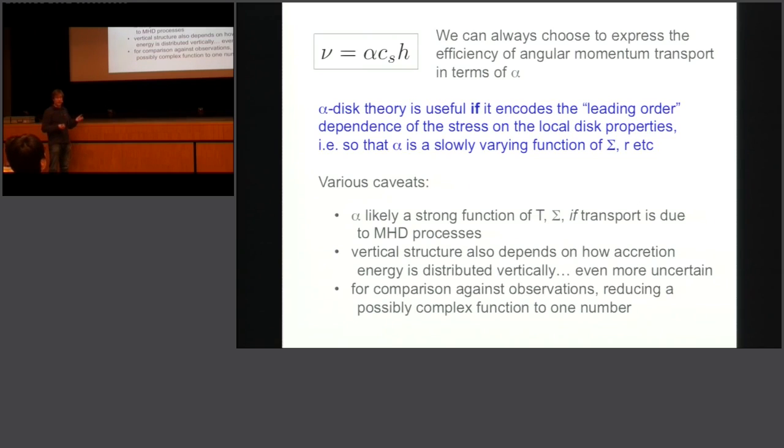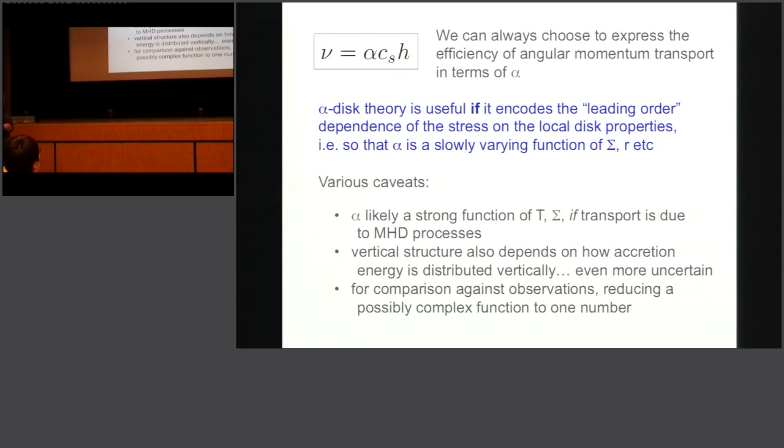If, to a first approximation, the viscosity is a constant times the sound speed times the scale height, and then the alpha parameter just varies perhaps slowly with other properties of the disk, then in rewriting things in this way, we've encapsulated the leading order dynamics of the turbulence, and we've actually made progress in developing a predictive theory.